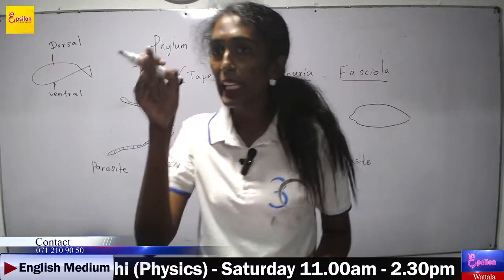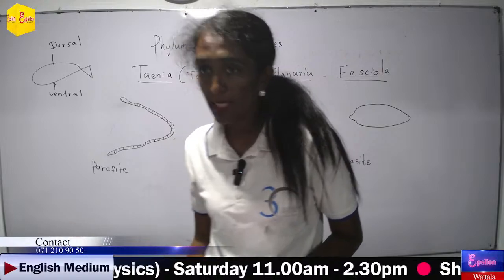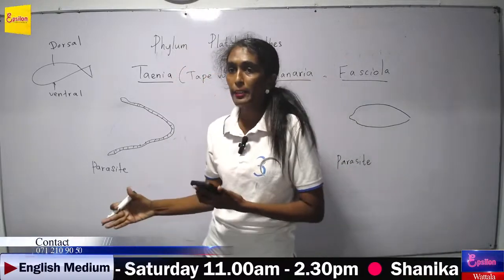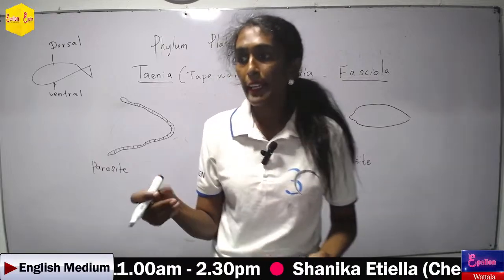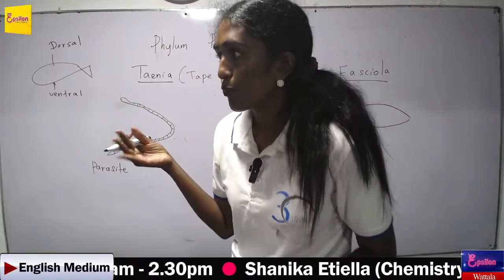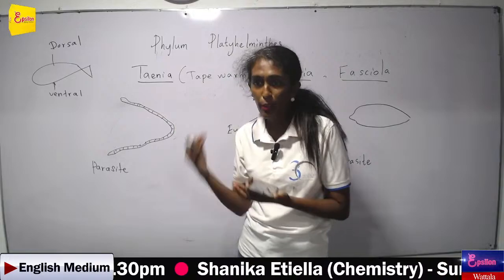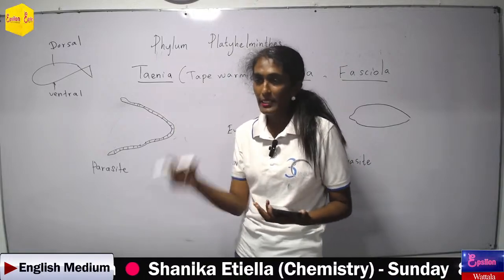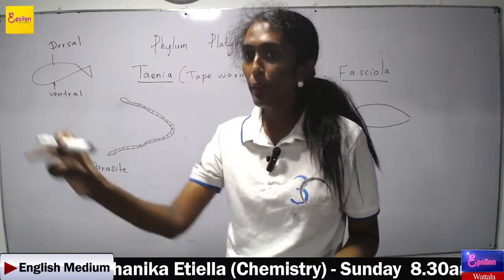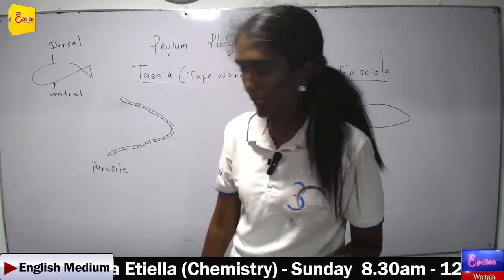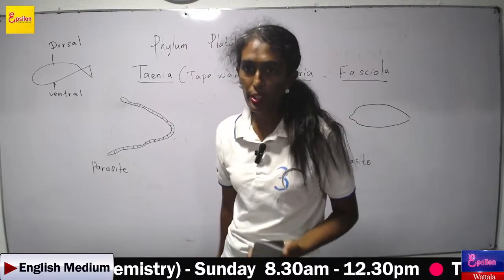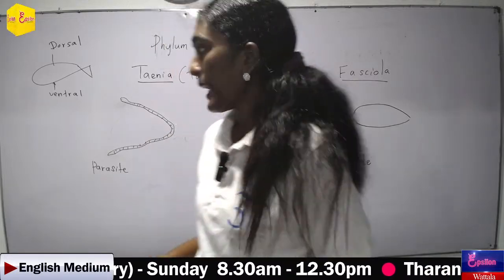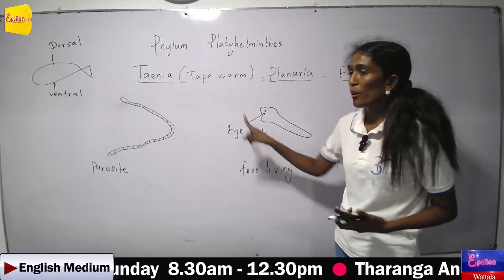We can see that the tapeworm is fragmented from outside, but true segmentation should be there inside also. For example, in a centipede or millipede, you can see it from outside as well as inside. The body parts are also found in repeated compartments. But this one shows pseudo segmentation. They don't have true segmentation and they don't have a proper head.